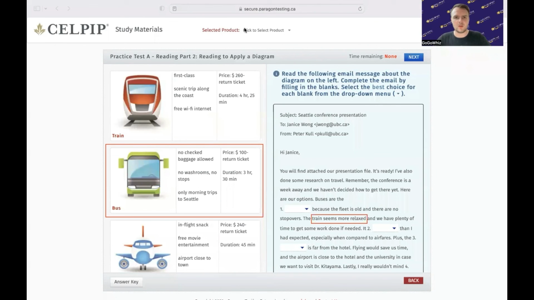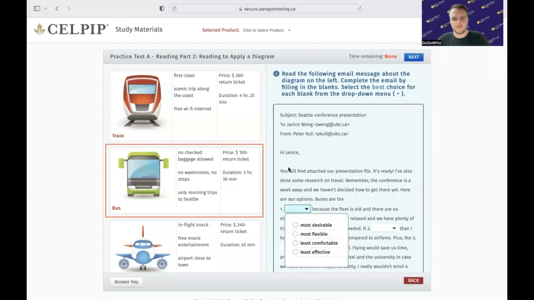So we already know the correct answer is going to be comfortable rather than effective. Let me mark those for you. We know that these are incorrect because we're talking about bad things, and this one's not correct because we can tell from the next sentence that we're talking about comfort. So there is your correct answer for number 1.